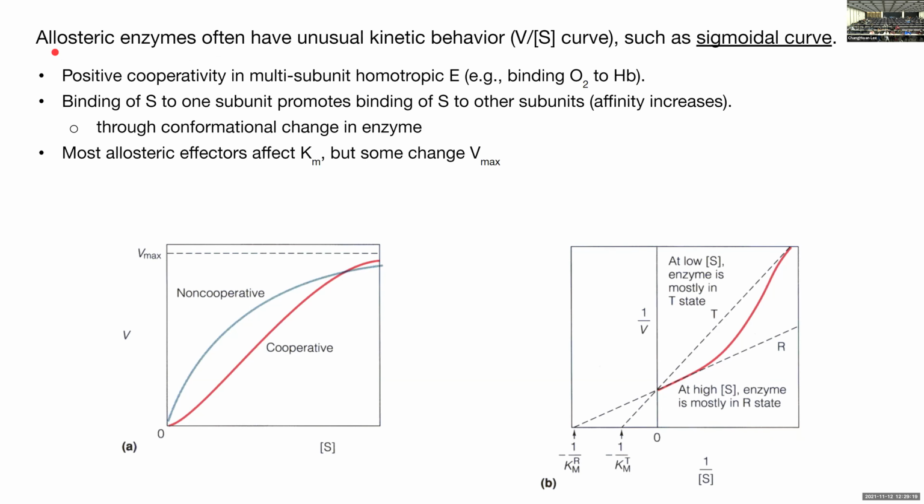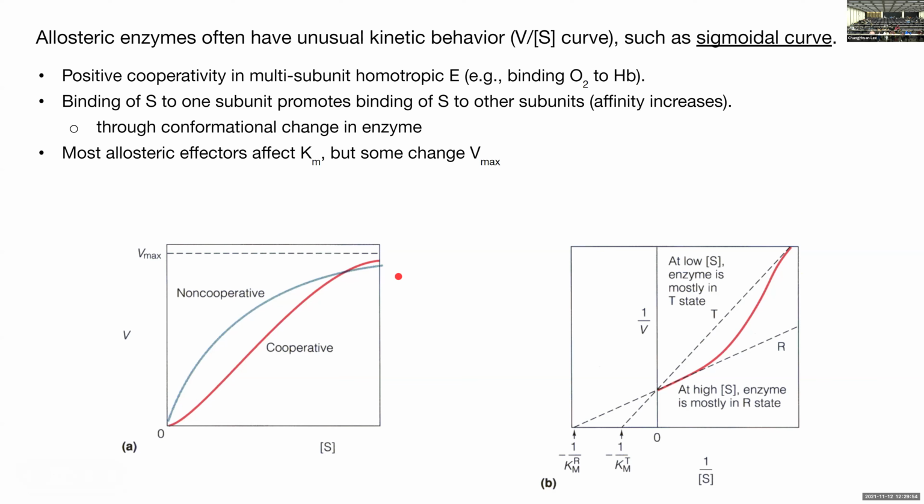And these allosteric enzymes have a really unusual kinetic behavior when you look at the substrate saturation curve, where the velocity is plotted against the changing concentration of the substrate. This is the normal hyperbolic substrate saturation curve for common substrates, as opposed to when allostery is in play, when it has a sigmoidal curve.